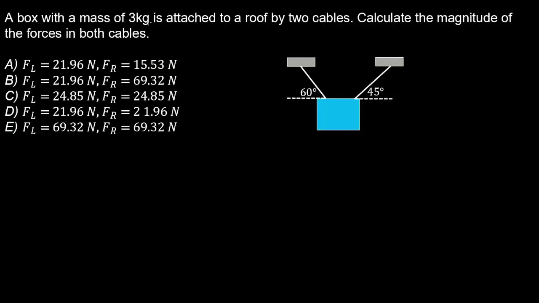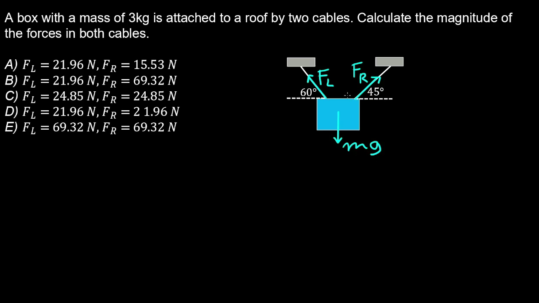A box with a mass of 3 kilos is attached to a roof by 2 cables. Calculate the magnitude of the forces in both cables. So if we isolate the block and take a free body, we have the force of weight and a tension force in the left cable and a tension force in the right cable.